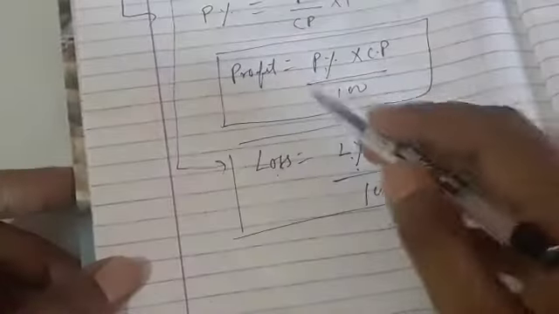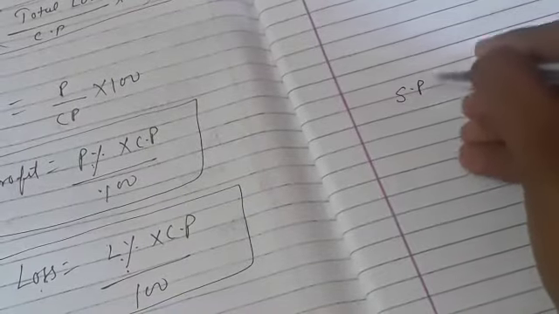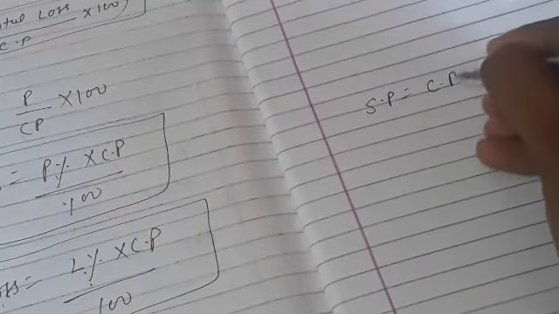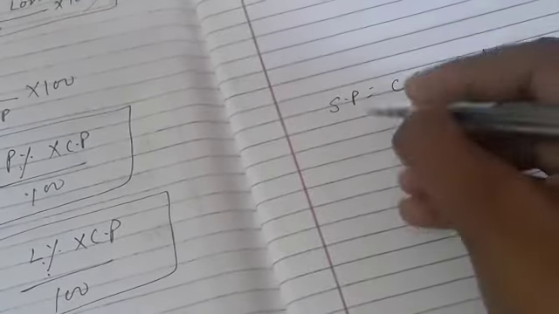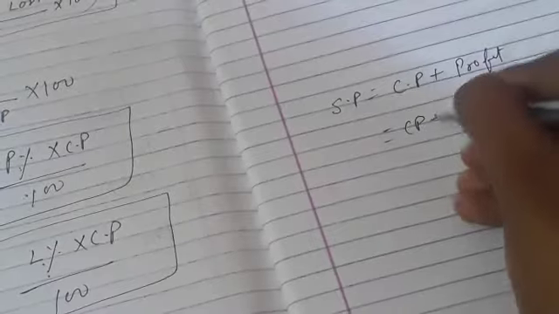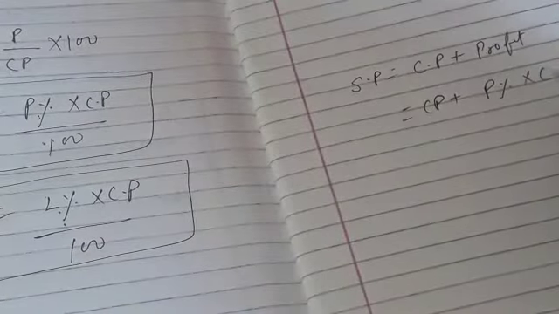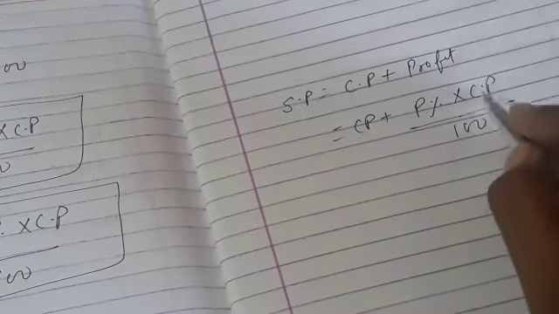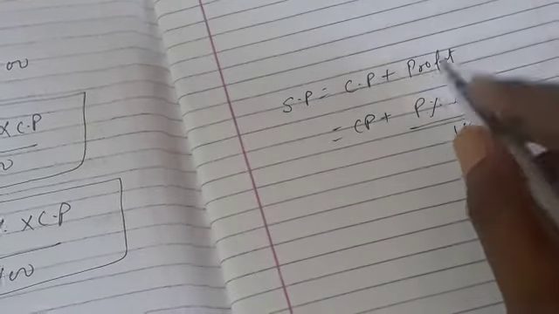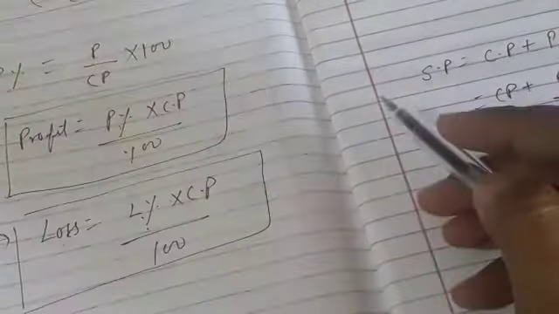And now class, we have to understand how we use these formulas for finding SP. Class, your SP means cost price plus profit. And if I am talking about profit, profit equals profit percentage into CP upon 100. So I can put profit percentage into CP upon 100 in the place of profit by this formula.